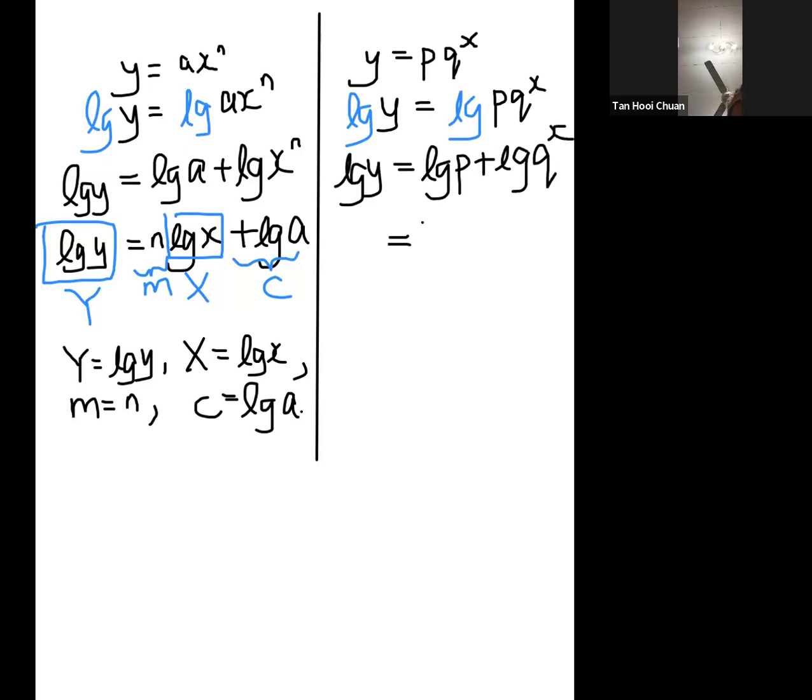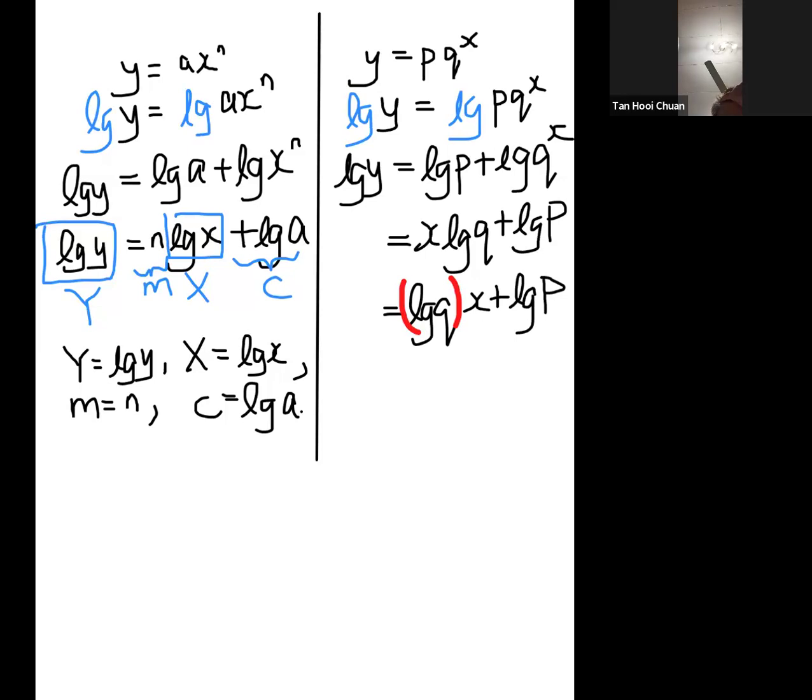Okay, so next one, LG y equal to LG p plus LG q power x. So x you bring in front, it is LG q, plus LG p. So later LG q, you please bracket it. This bracket is very important. You need to show this is M. Without this bracket, the whole question no marks already.